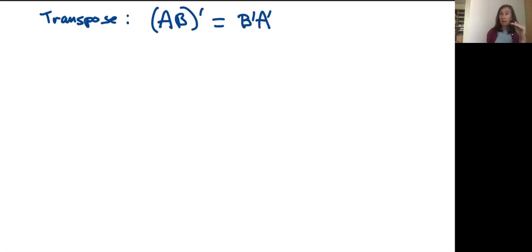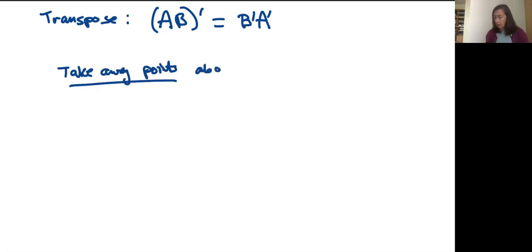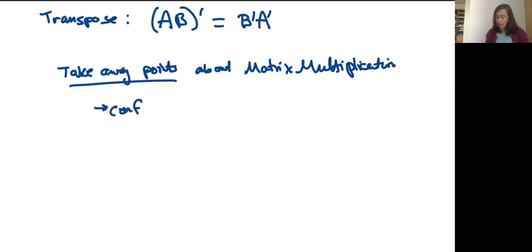So again, let me emphasize the three take-home points here about matrix multiplication. Conformability often fails.